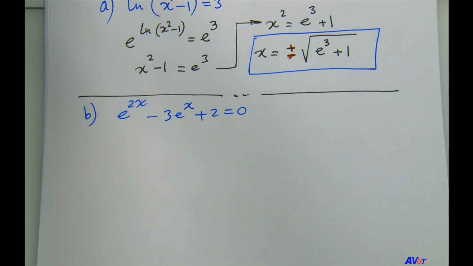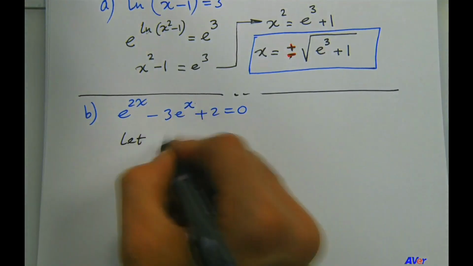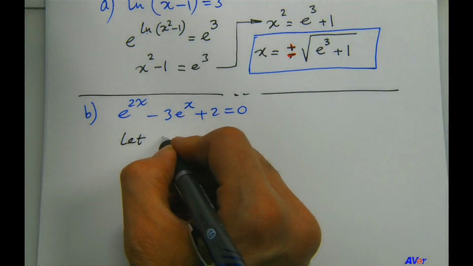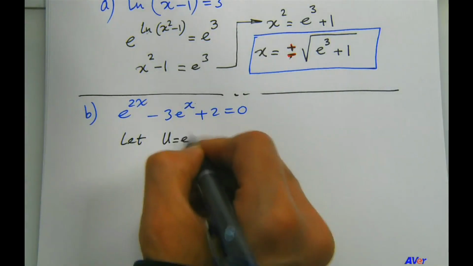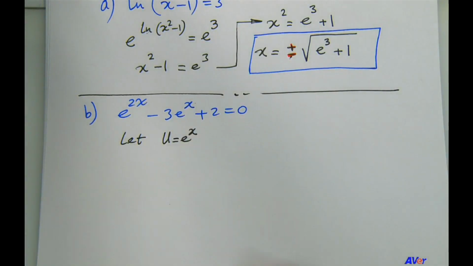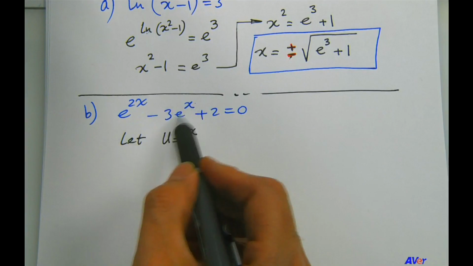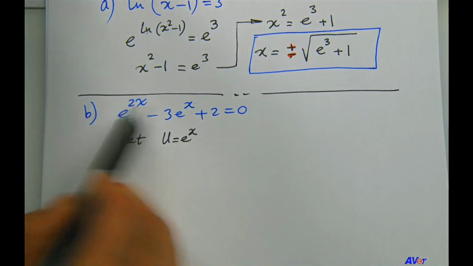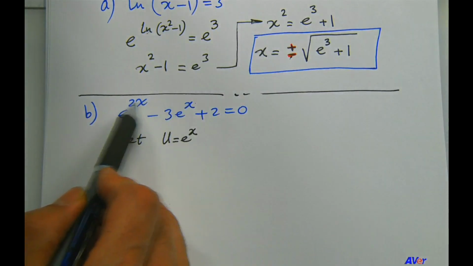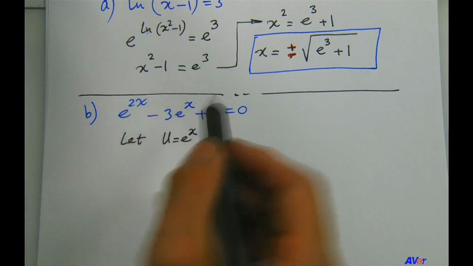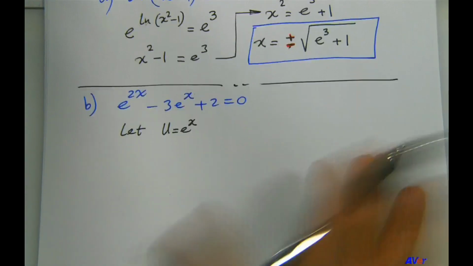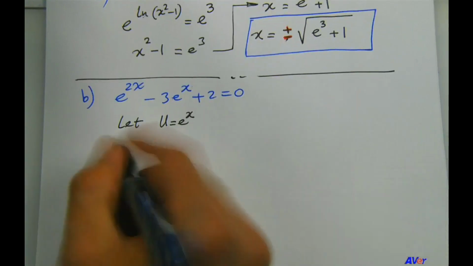So let u be e to the x. I'm doing this because this is e to the x and this is e to the 2x, so that's a clue that we might be able to write this as a quadratic function.